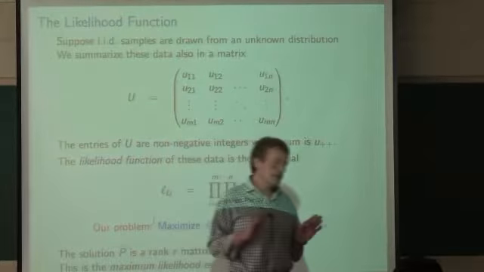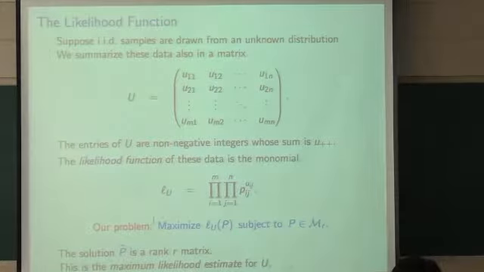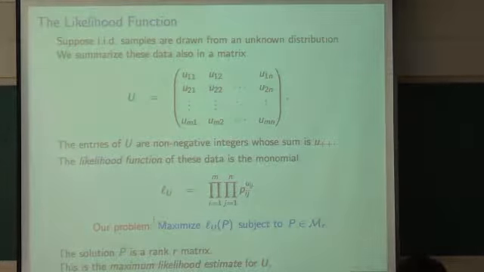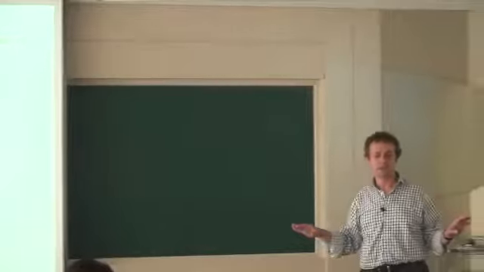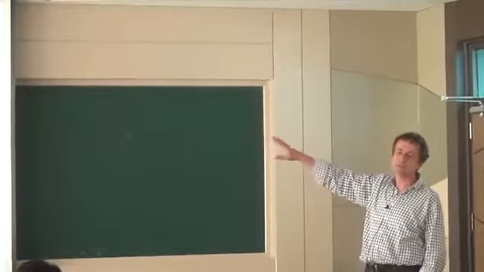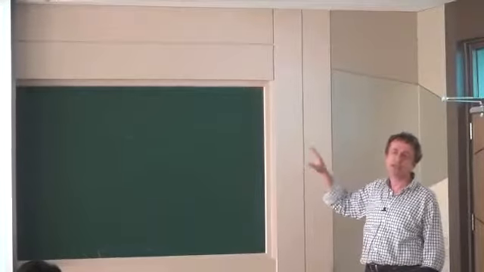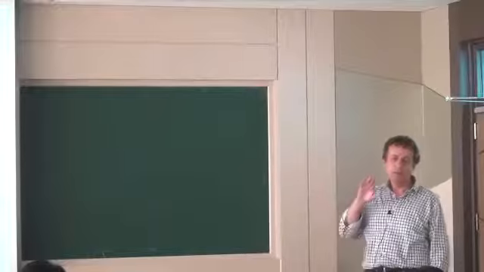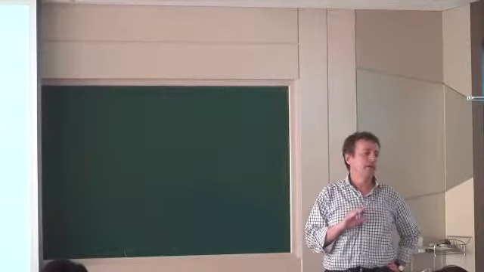Now I should maybe say, historically, there are two camps in statistics. There's frequentist statistics and there's Bayesian statistics. And this is a problem of frequentist statistics. In frequentist statistics, what we're doing is we're maximizing the likelihood function. In Bayesian statistics, we're doing something else. We're integrating the likelihood function.